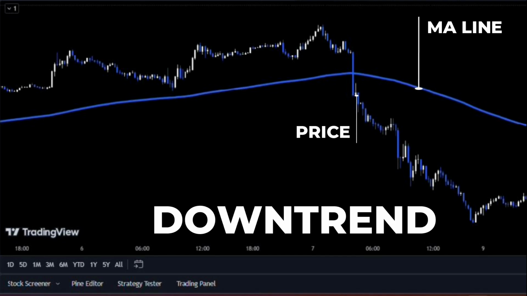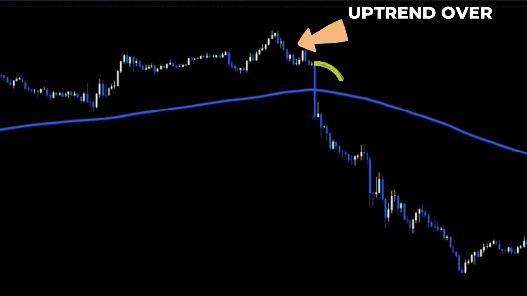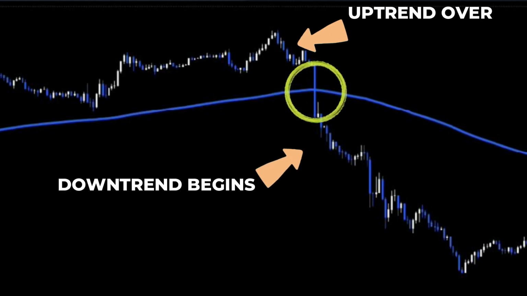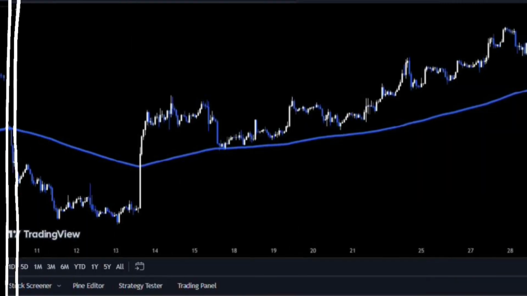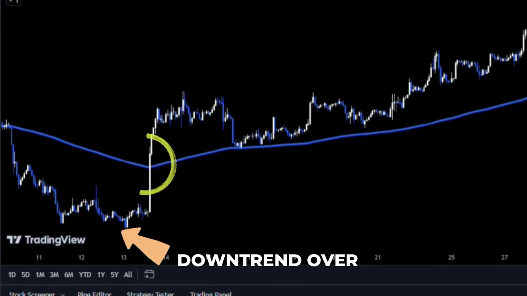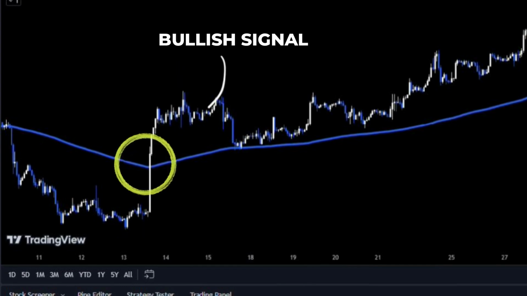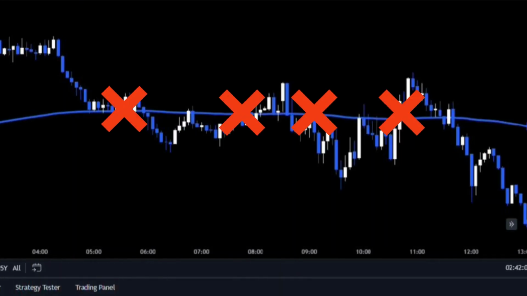Well, if the price crosses the moving average line from above, it's like a warning light telling us the uptrend might be over and a downtrend could be coming. That's a bearish reversal signal. On the flip side, if the price crosses the moving average line from below, it's hinting that the downtrend might be done and a new uptrend might be starting. But be careful, not every crossover is a surefire signal, so don't jump the gun.